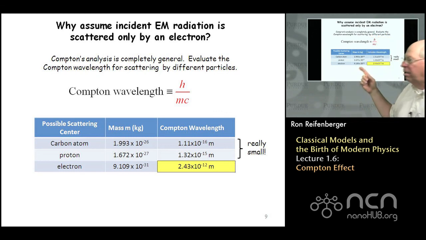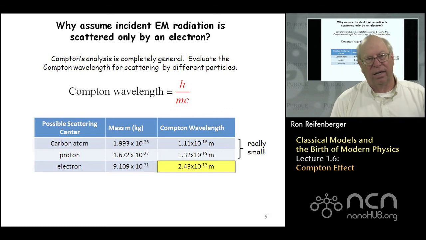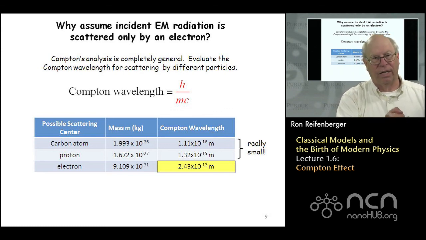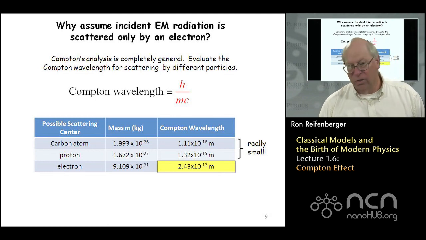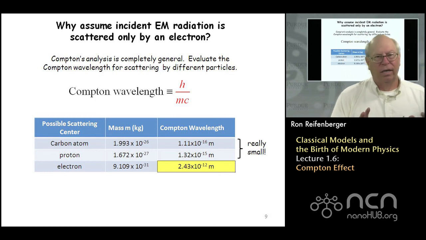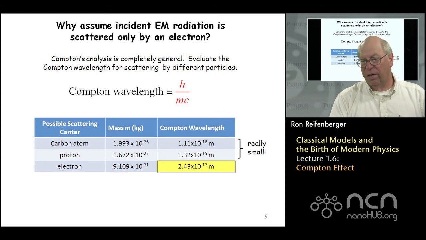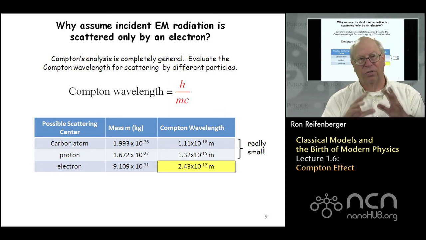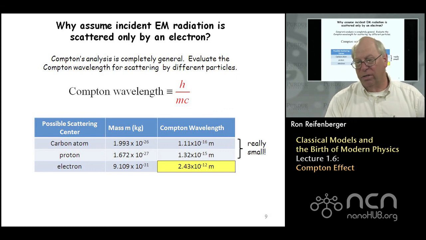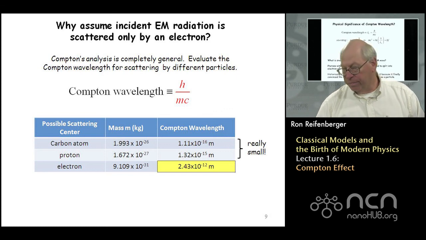So it's only when you get the mass of an electron, which is really small, that you start to measure a significant effect in the energy loss from the incident photon to the scattered photon. So that's something that hopefully is reasonably clear and shouldn't cause confusion in your attempt to understand the importance of this Compton scattering.